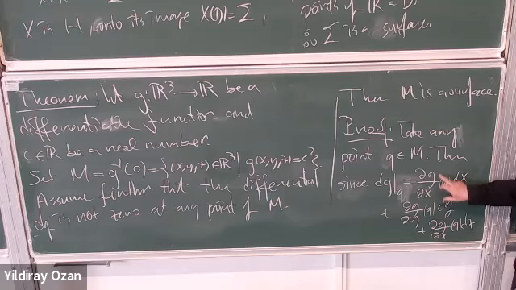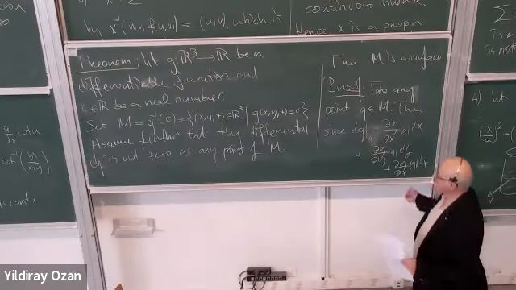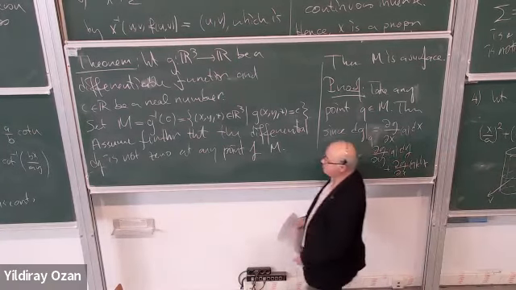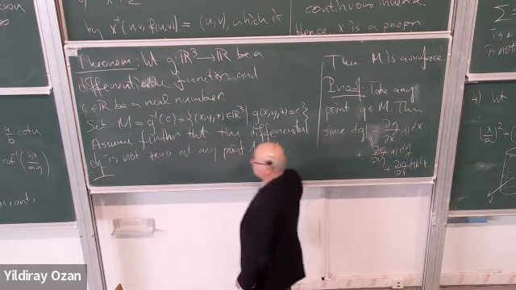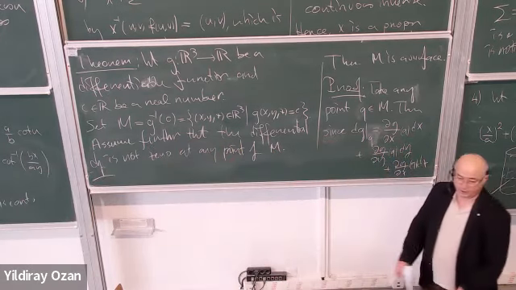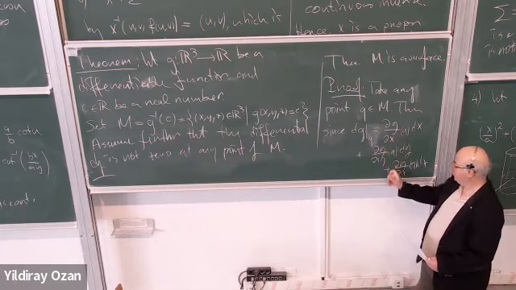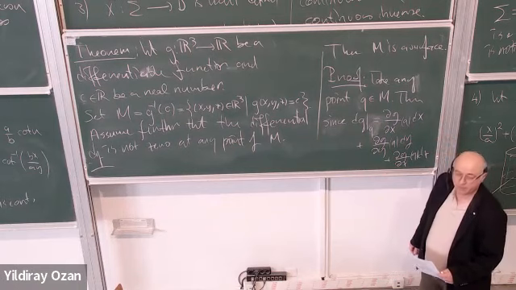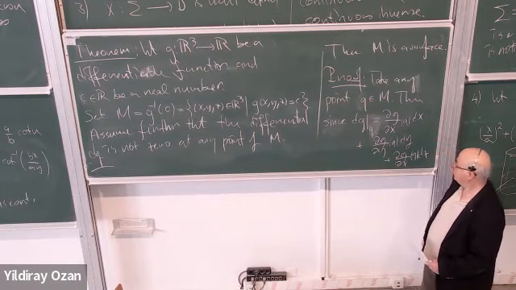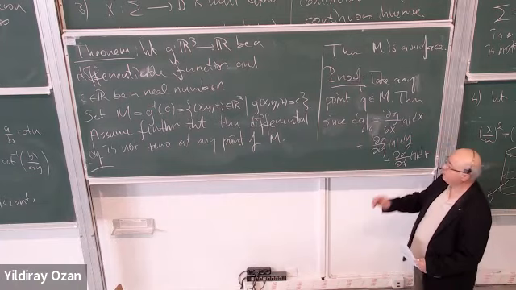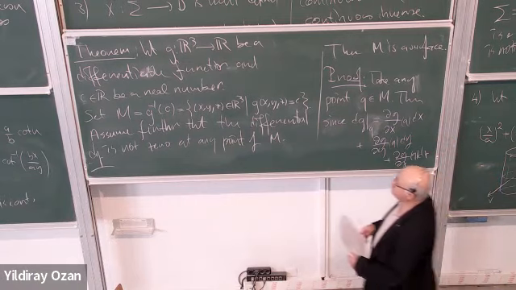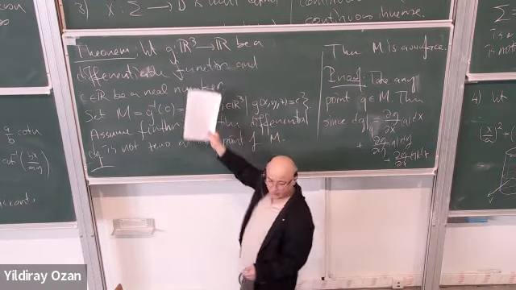Okay. All right. One of them shouldn't be zero because of the assumption that this differential is not zero at any point. So one of these derivatives is not zero. It is from R3.